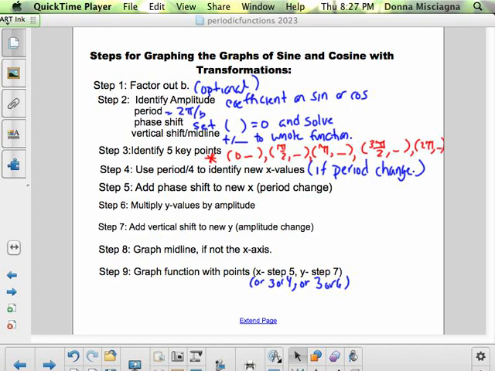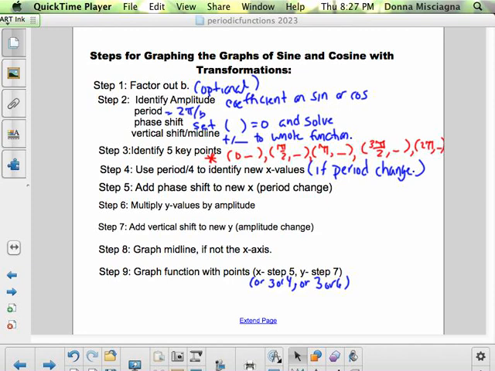Step two, we're going to identify our key features: amplitude, which is the coefficient on sine or cosine; period, which is 2 pi divided by b; and b is the coefficient on x, whether it could be factored out and be in front of the parentheses, or it could be on the x itself. It's still the same value. And if there's no coefficient in front of the parentheses or on the x, then b is 1 and the period's 2 pi.